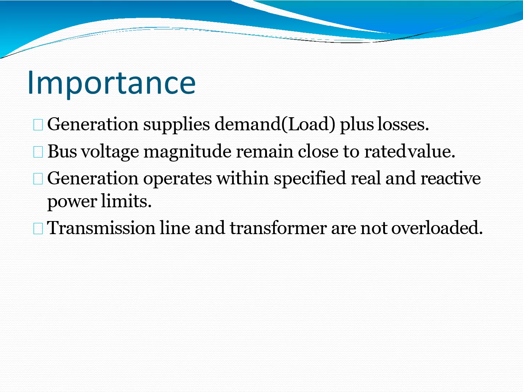Bus voltage magnitude remains close to the rated value. Generation operates within the specified real and reactive power limits, meaning the device is to be operated within its rated values. For every generator, there is a certain limit for real power, that is active power, and reactive power.